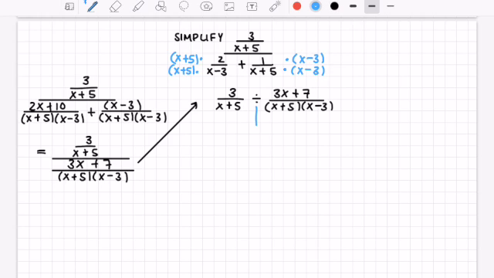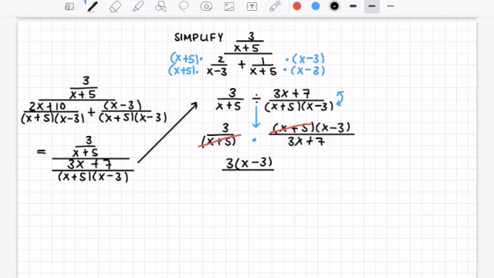And again, I am going to flip the division sign into multiplication and make the fraction a reciprocal, and we get x plus 5 times x minus 3 over 3x plus 7, and this stays the same on the left. From here, I could cancel out the x plus 5s, and I'm going to be left with 3 times x minus 3 over 3x plus 7. Done.